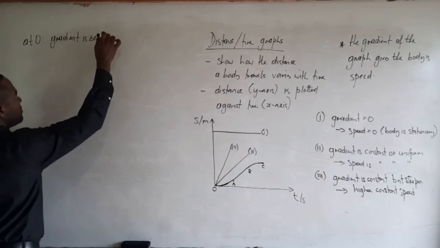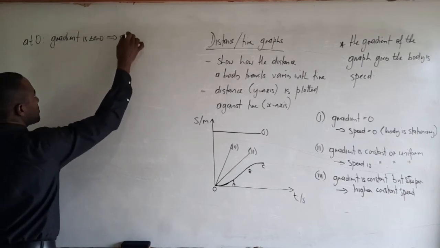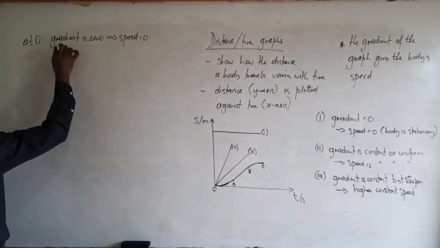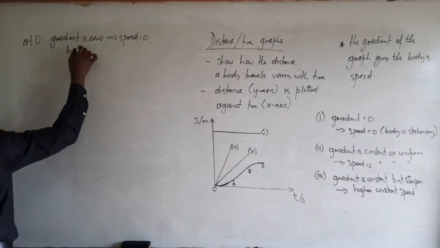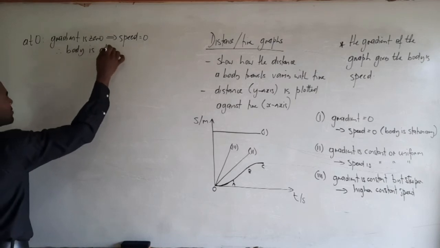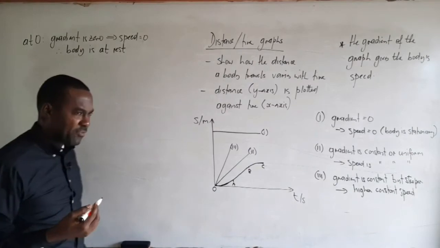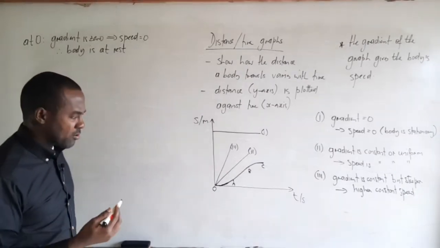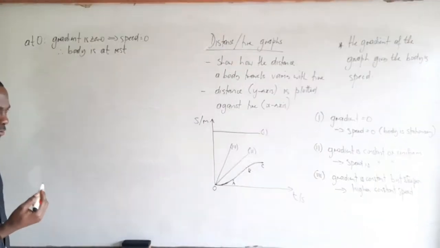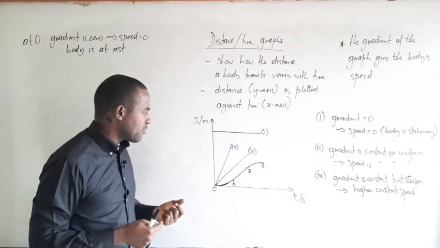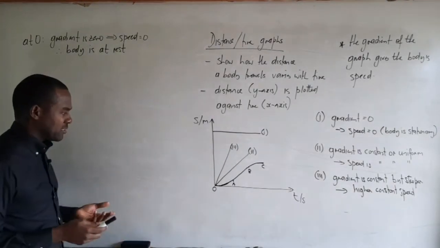This means, of course, the speed is equal to 0, which therefore means that the body is at rest. So at O, the graph is flat. The curve is flat. So therefore, the gradient is equal to 0, which means the speed is equal to 0, and therefore it means that the body is at rest, right?